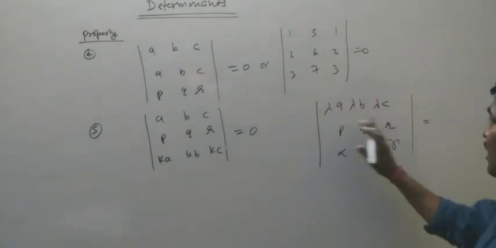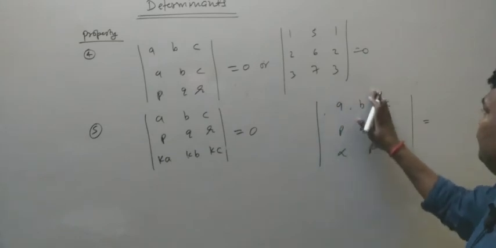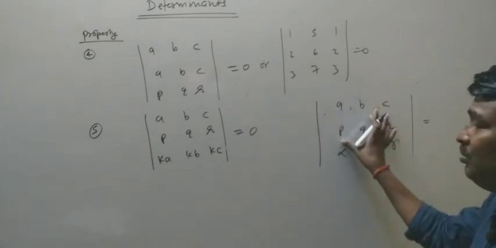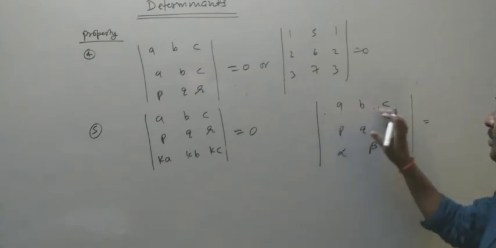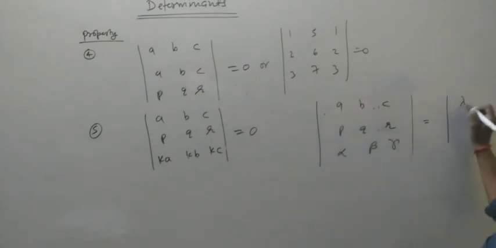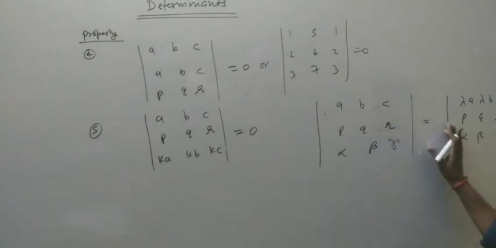Earlier A, B, C would give you some value, and if all elements are multiplied by lambda, means lambda A, lambda B, lambda C, here P, Q, R, alpha, beta, gamma, then its value will become lambda times the earlier one.